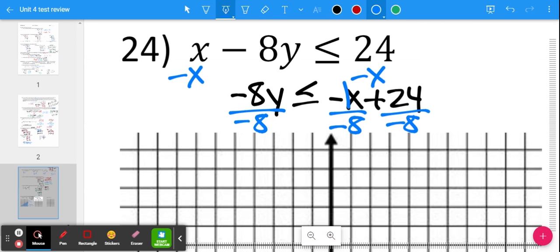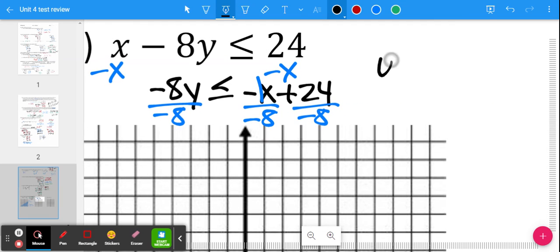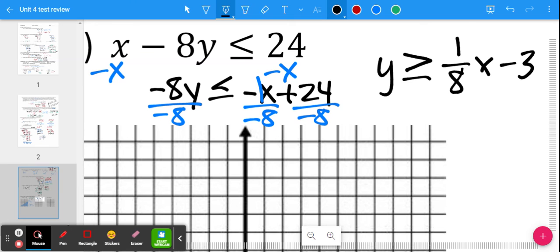At this point, if you want to put the 1 there, that's fine. And then we have y, we divided by a negative, so we flip the inequality sign so it's greater than or equal to -1 divided by -8 is a +1 over 8x, and +24 divided by -8 is -3.